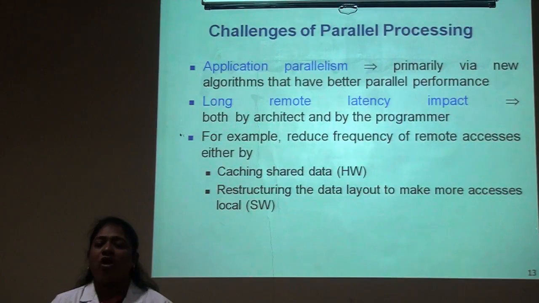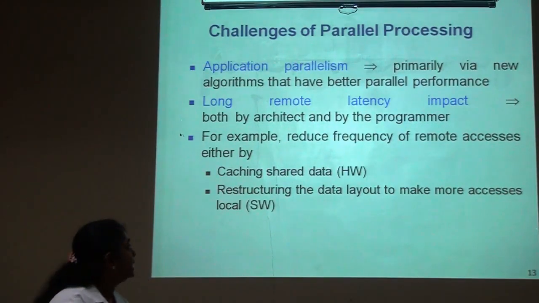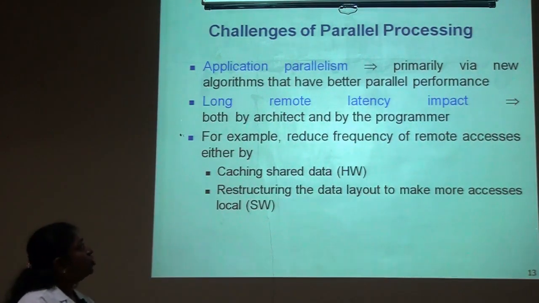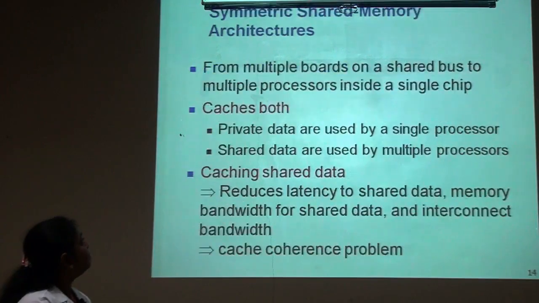Every person uses the common data, so latency is very important. If educated people can get the data easily, but uneducated people must search again and again to get the data, at that time we get the latency impact in parallel processing. How to reduce that problem is with the use of caching the shared data and restructuring the data.